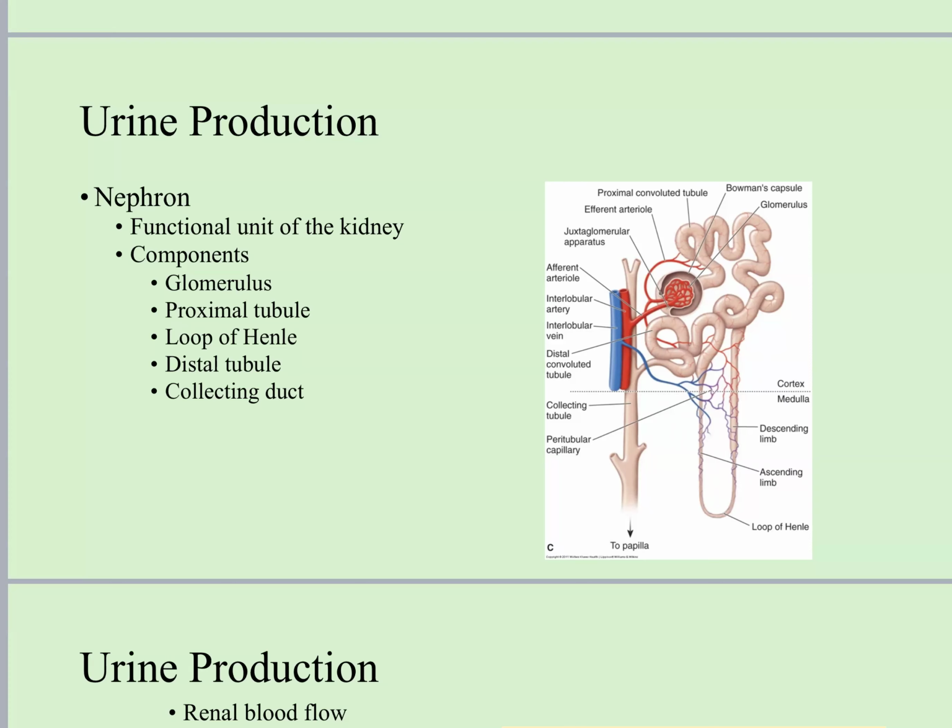The nephron consists of a glomerulus, which is a network of capillaries, the Bowman's capsule, and the tubules, which are the proximal convoluted tubule, the PCT, the loop of Henle, and the distal convoluted tubule, also abbreviated as DCT, and then the collecting duct. So there's 1 million of those.